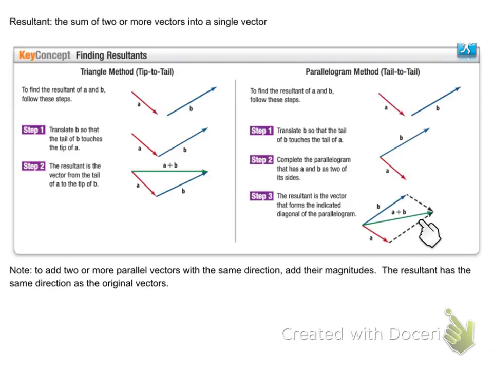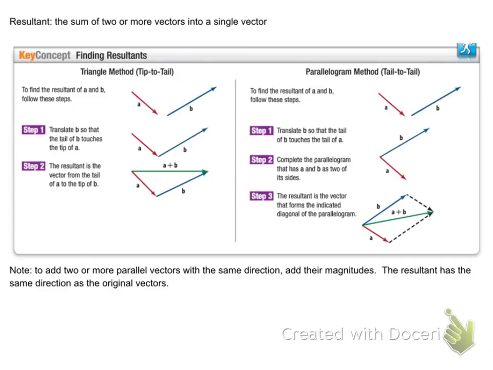So then, therefore, you end up with this dotted line. You do the same thing with A, copy and paste it starting at the tip of B. And what ends up happening is they eventually will form a box or a parallelogram. That point where the two new copied and pasted vectors come together is the point where the vectors would push this object.